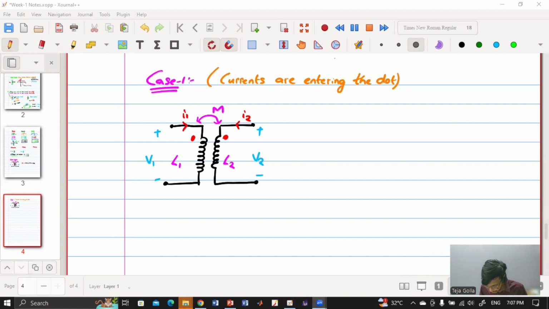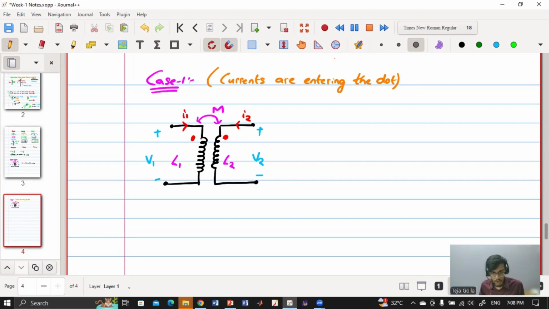This can be plus, minus, or minus, plus. How will I know which is plus and which is minus? If current is entering one terminal of the inductor, that terminal will have positive polarity. That is called polarity: which sign is positive and which is negative.